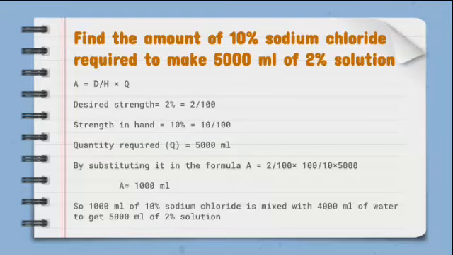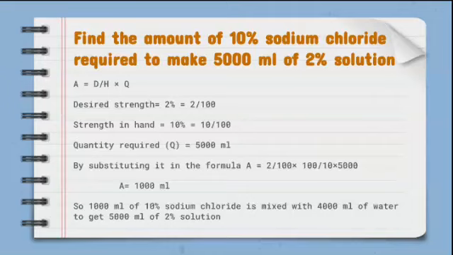Here there is a question: find the amount of 10% sodium chloride required to make 5000 ml of 2% solution. So remember, the first thing you have to do when you have a calculation like this is understand what is A, what is D, what is H and what is Q. Here they asked for 2% solution, so that is the desired strength, that is D. The strength in hand is 10% sodium chloride.